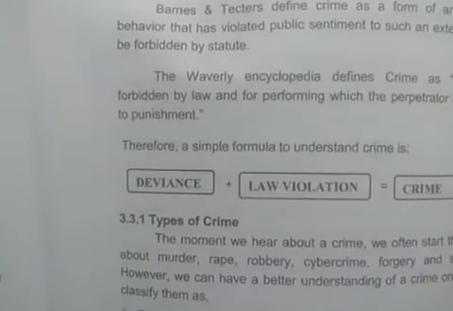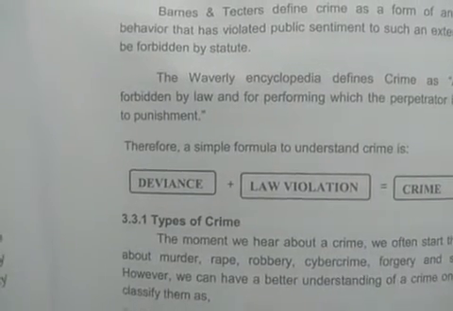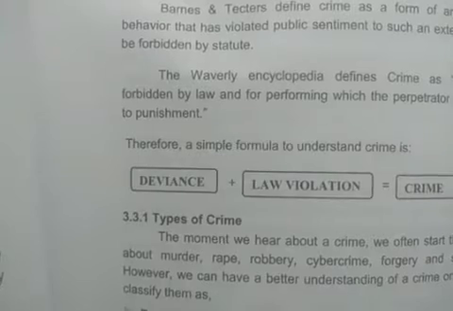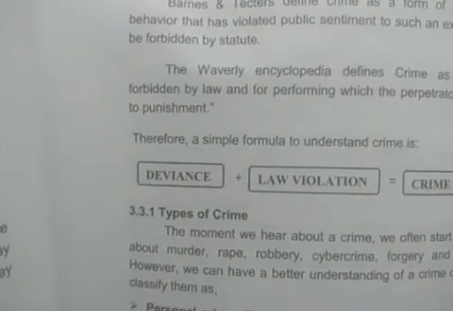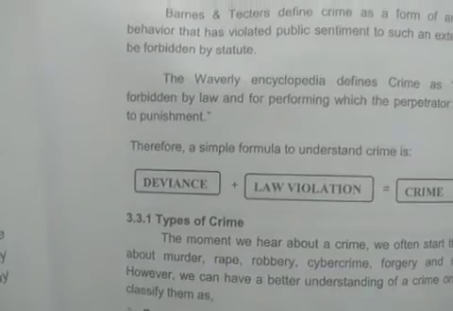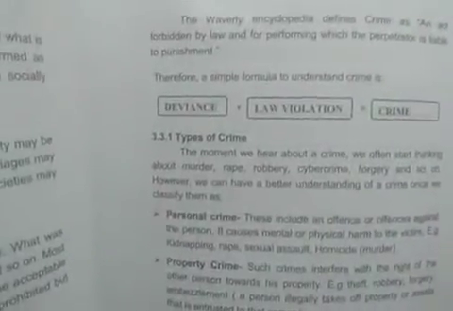The Waverly Encyclopedia defines crime as an act forbidden by law for performing which the perpetrator is liable to punishment. Therefore, a simple formula to understand crime is: deviance plus law violation is equal to crime.